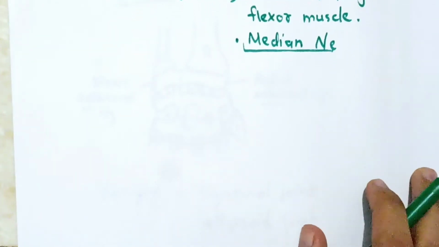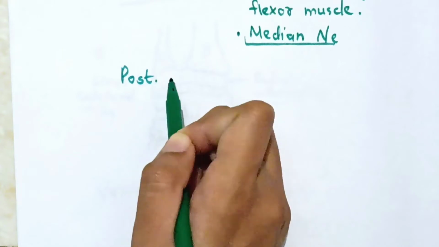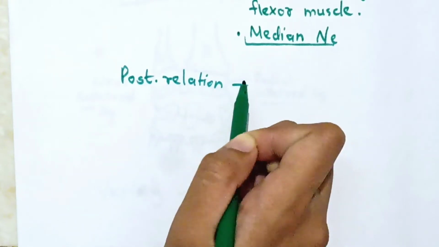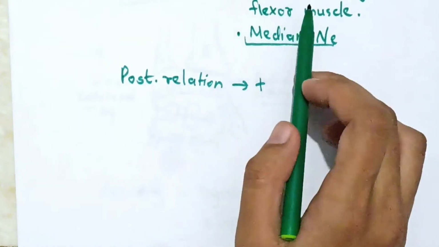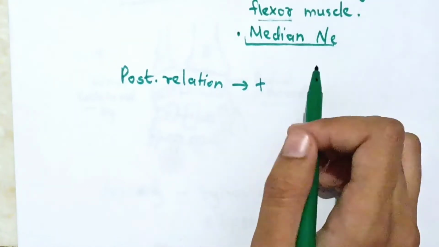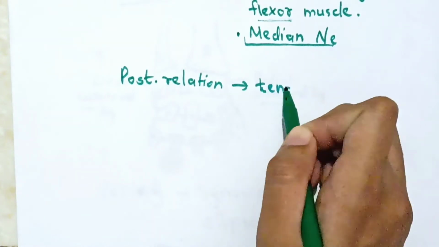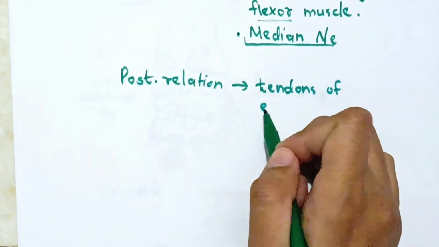Okay, now for the posterior relations, we have the tendons of long extensor muscles. Okay, on the anterior side we have the flexor muscles and on the posterior side we will have the extensor muscles. So the tendons of extensor muscles.